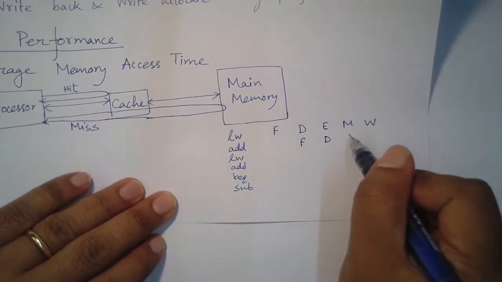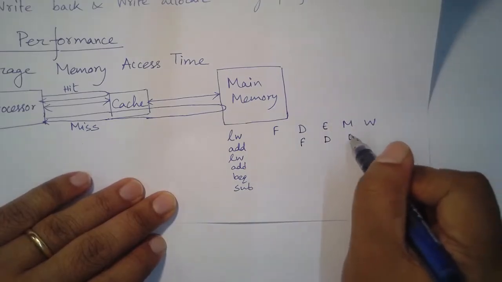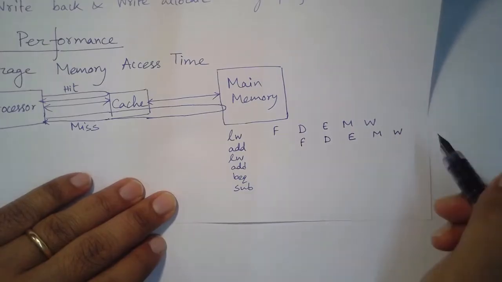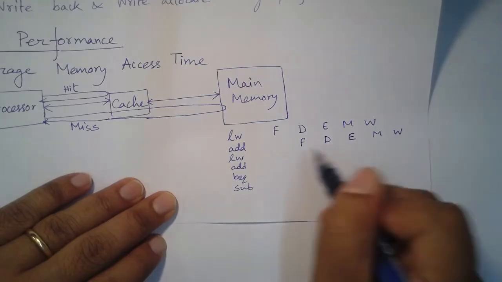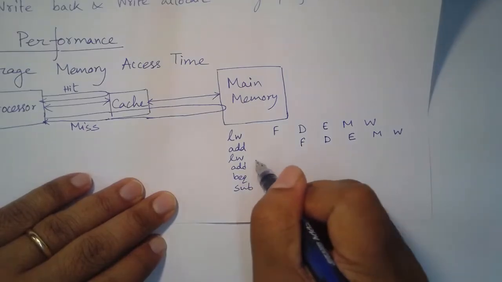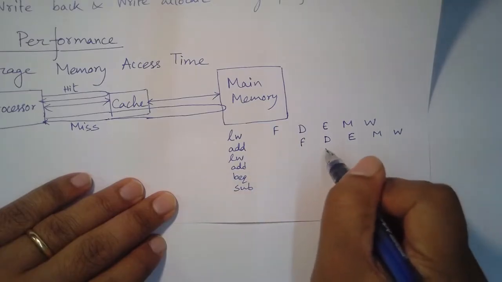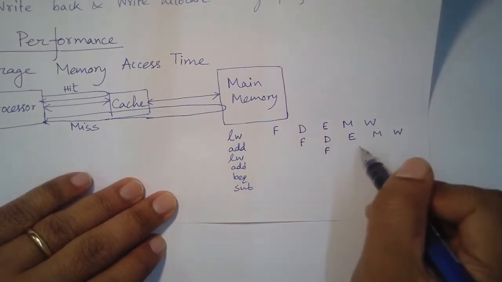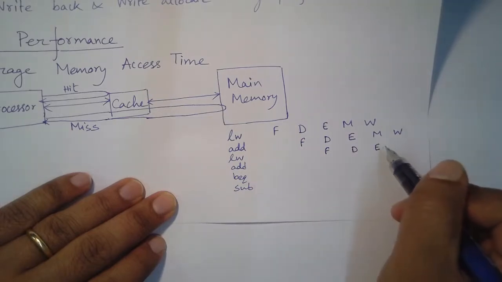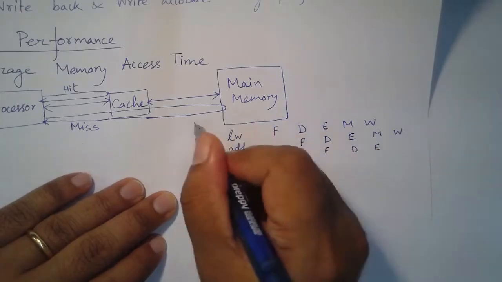Execute you can denote by E or X, so let me just denote it by E in this case. I might be running out of space. So let's say for this load, I fetch, then decode, and then execute. In the memory stage, we will be loading the data, actually reading the memory.